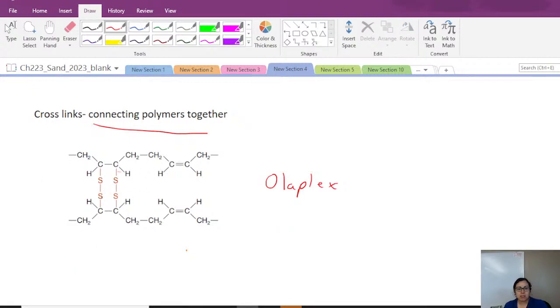So just like that's shown here where you have your sulfides here, and then what happens is you make this disulfide bond, where those two sulfurs link. That's exactly what Olaplex does with your hair. So it synthetically repairs it by repairing those disulfide bonds that were broken in your damaged hair, and it fixes them, or at least it's supposed to.